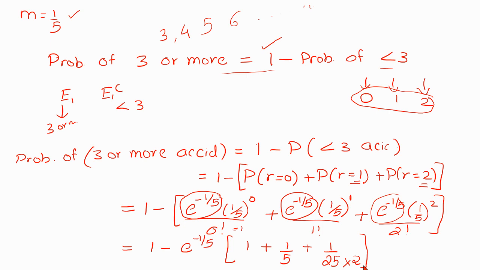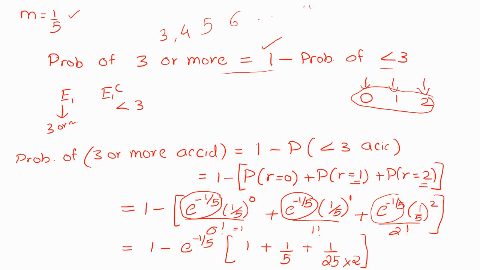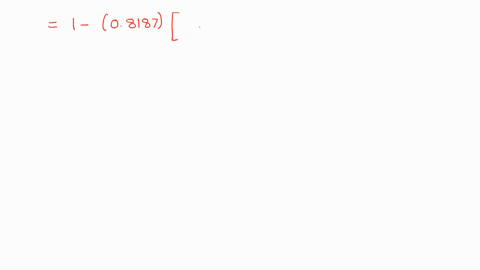Now if you continue this, what you will get is 1 minus e raised to minus 1 by 5. This you can get from your calculator: e raised to minus 1 by 5 is 0.8187. And if you simplify the bracket, it will be about 61 by 50.